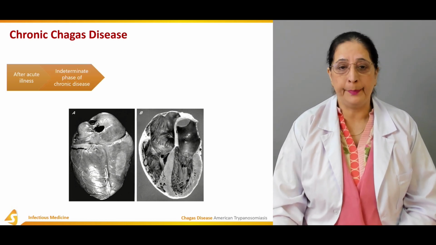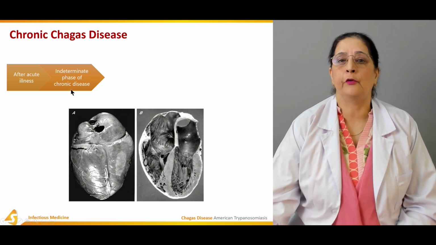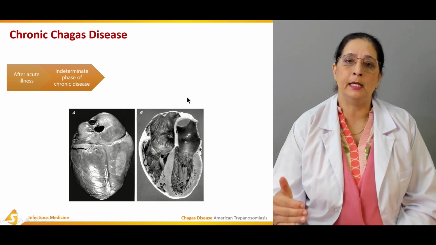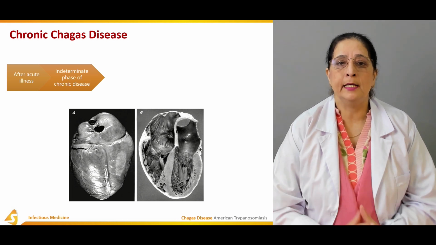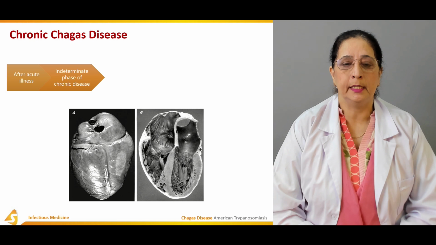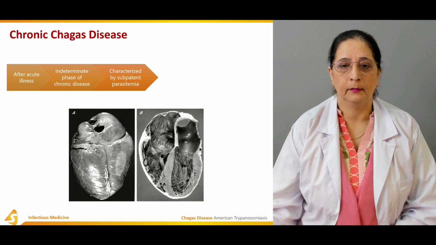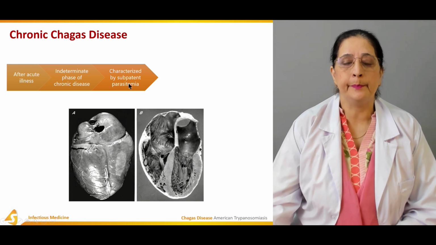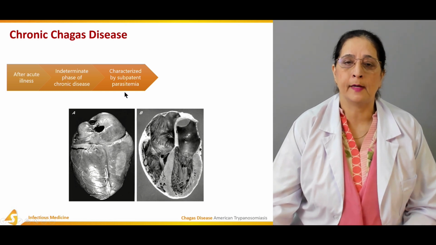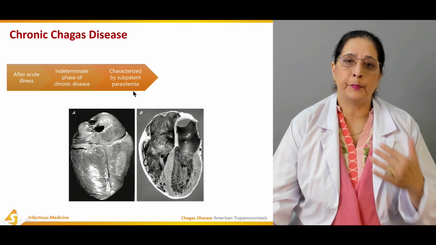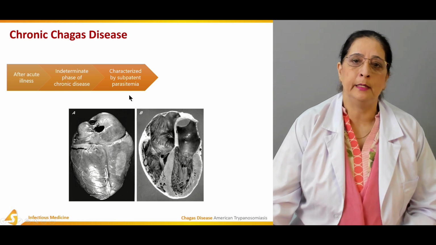Then we have a period which is the indeterminate phase of chronic disease. After the acute illness, there is a phase that is not clearly determined, called the indeterminate phase of chronic disease, characterized by subpatent parasitemia. Parasitemia is the spread of the parasite to the bloodstream; emia is for the blood.